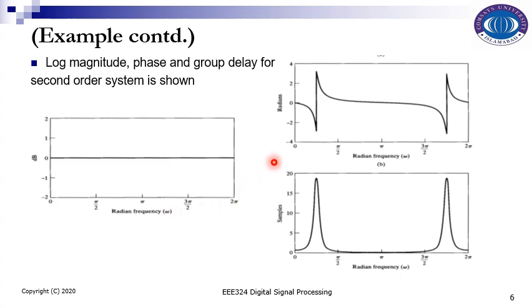And when we look at the phase part, we see that phase is falling up till this frequency pi/4, and then it has an abrupt change and rises, and then again it goes like this, and another abrupt change at this frequency, which is 7 pi/4.